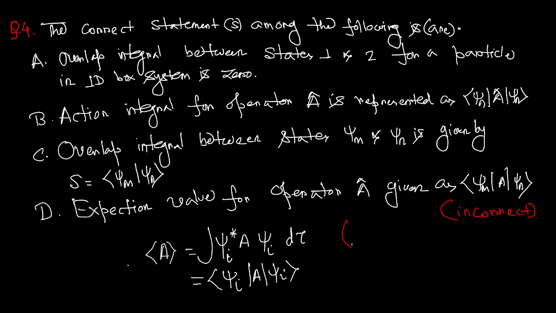The correct one should be <psi_m|A|psi_m> or <psi_n|A|psi_n>.